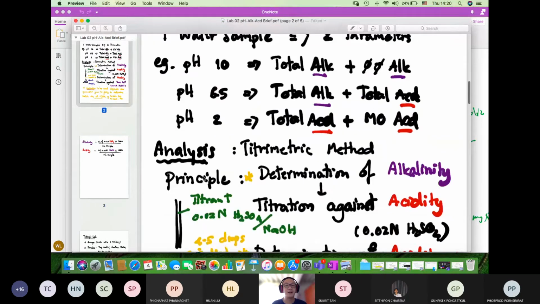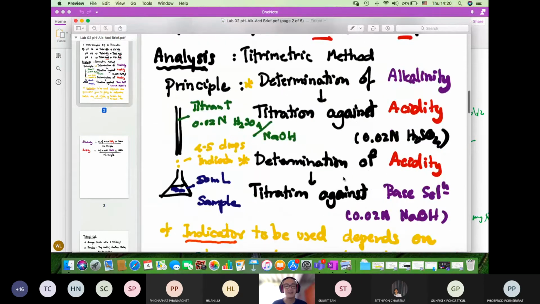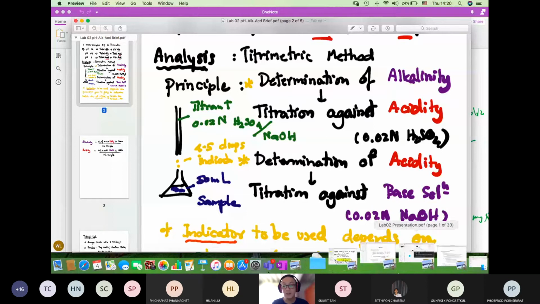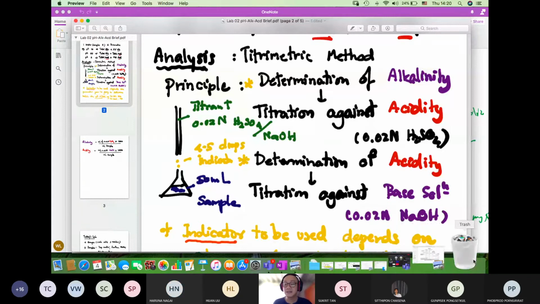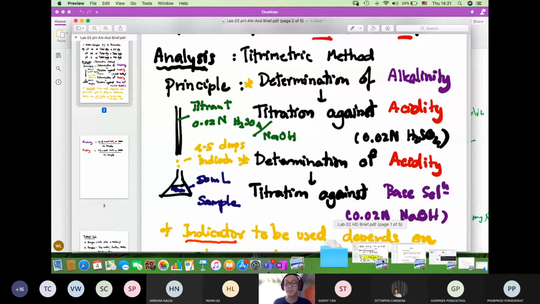But for the alkalinity and acidity, there is one thing which is very interesting. The unit that we use to explain the alkalinity and acidity is milligrams per liter, milligrams per liter as calcium carbonate.